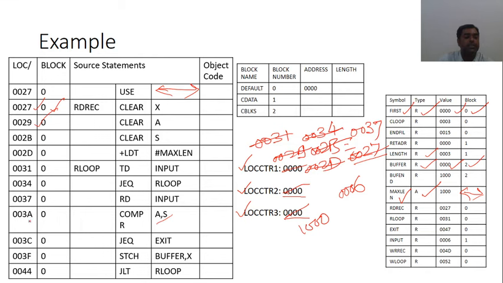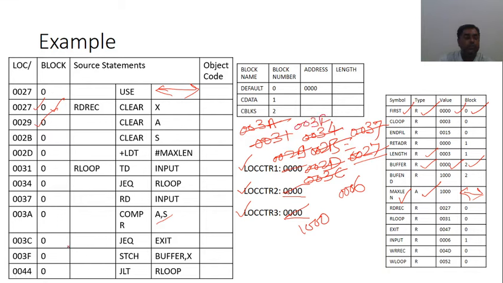Format 3 instruction, the next value becomes 003A. So this one becomes 003A. Format 2 instruction. So the next value becomes 003C. The current location counter value is 003C. Format 3 instruction. So the current location counter value becomes 003F.